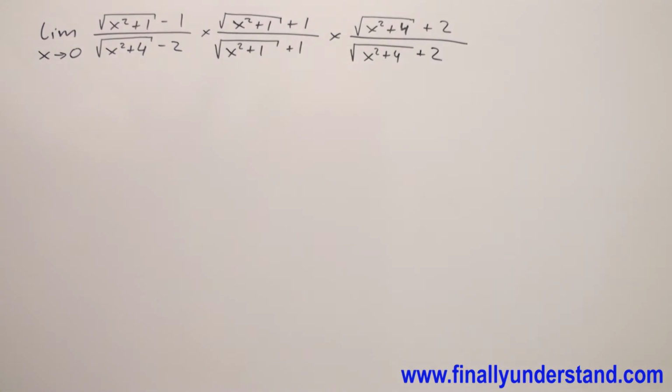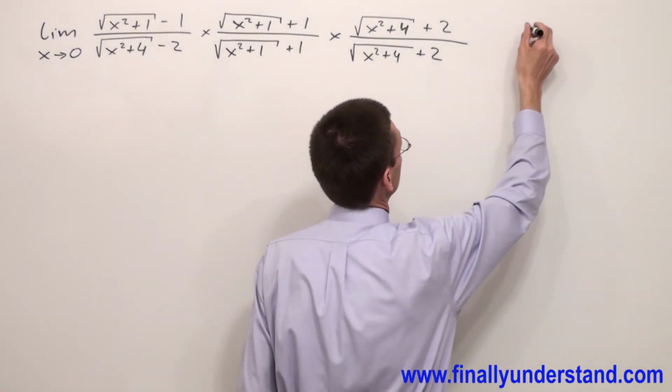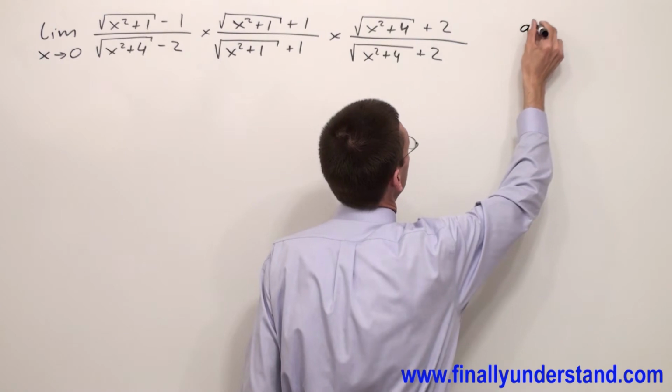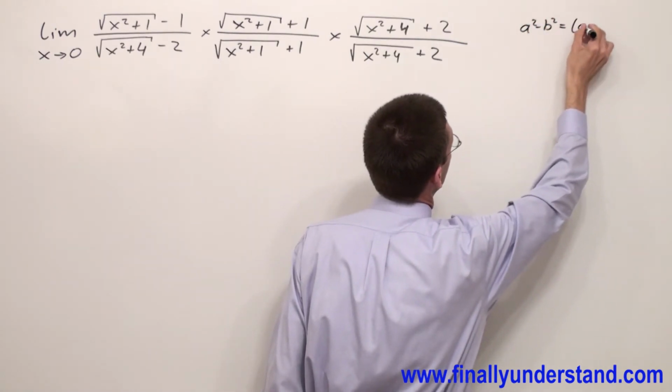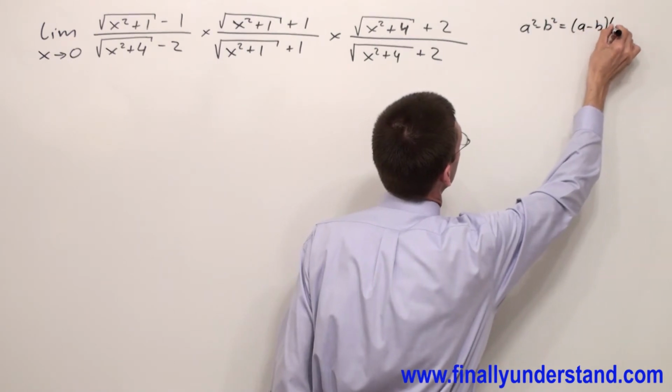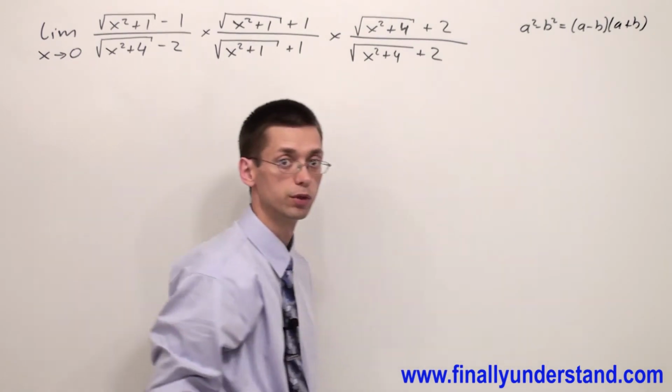Next, you're supposed to apply the formula for the difference of squares, which says a squared minus b squared is equal to a minus b times a plus b. You have to remember these formulas.